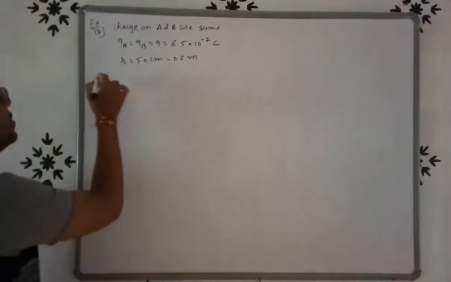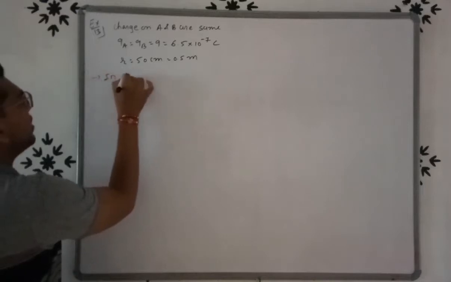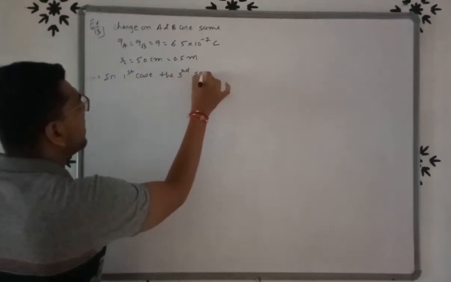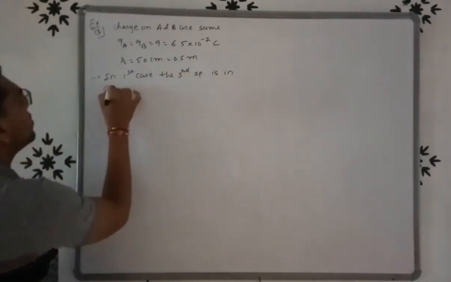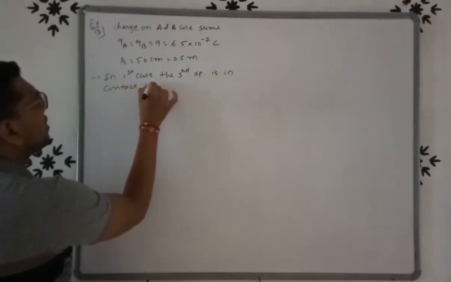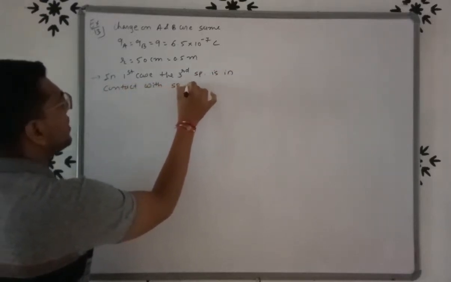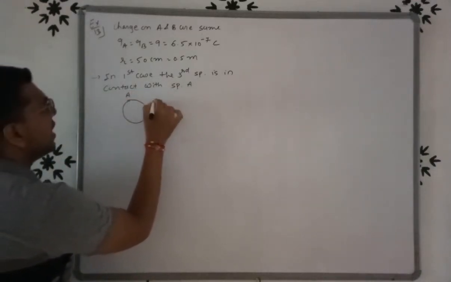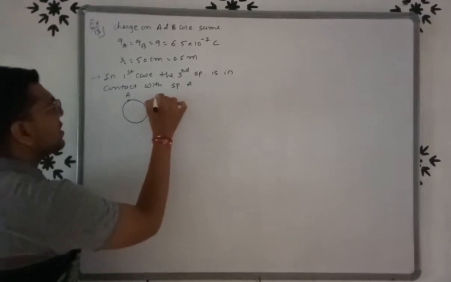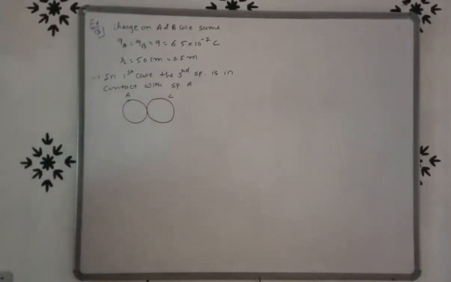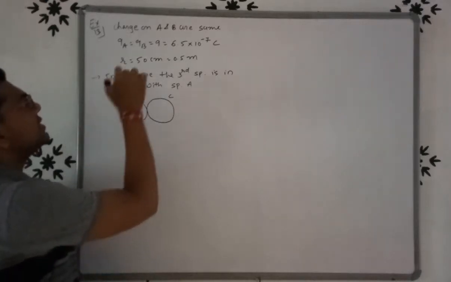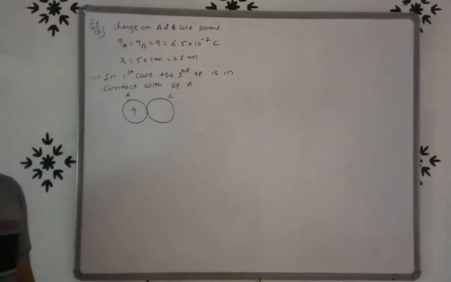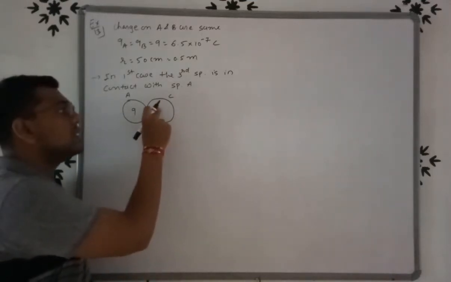Now in the first case, the third sphere is in contact with sphere A. So this is the first sphere A, and here the third sphere C is brought into contact with sphere A. In the initial condition the charge on sphere A is Q and sphere C is uncharged, so the net charge on sphere C is 0.